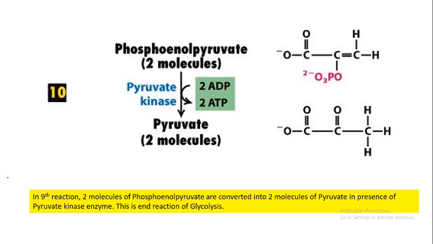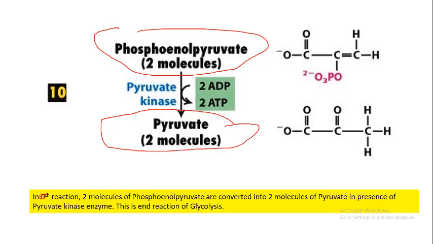In the 10th reaction, two molecules of phosphoenol pyruvate are converted into two molecules of pyruvate in presence of pyruvate kinase enzyme. Here 2 ADP are converted to 2 ATP. This is the end of the reactions of glycolysis.